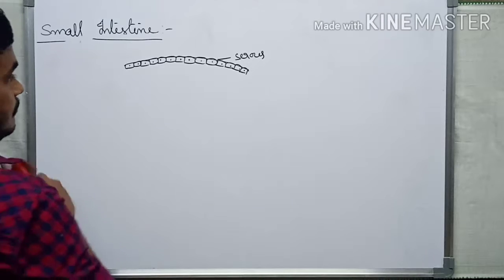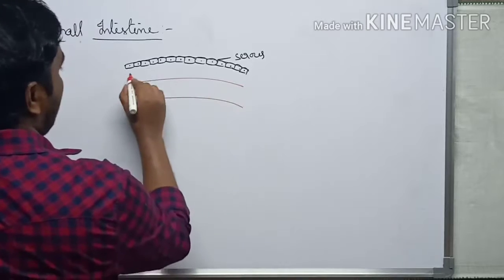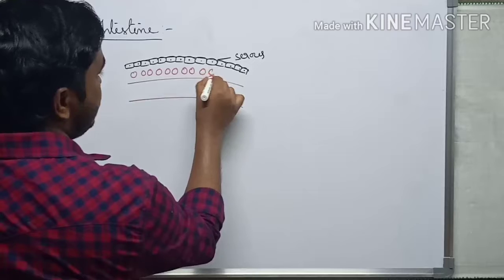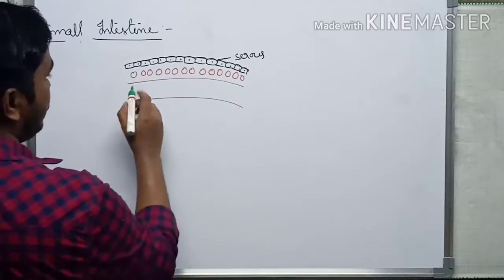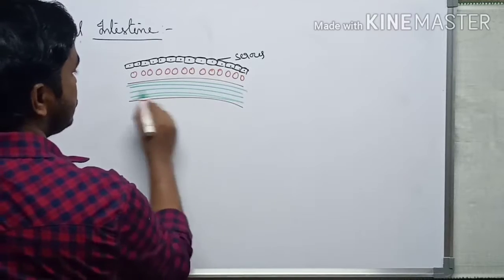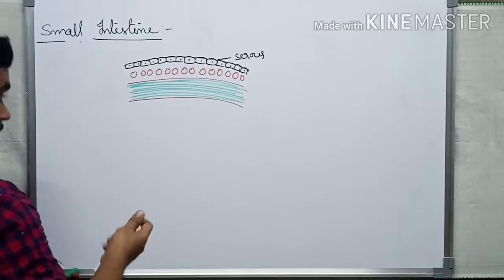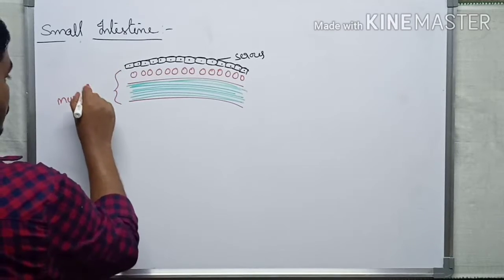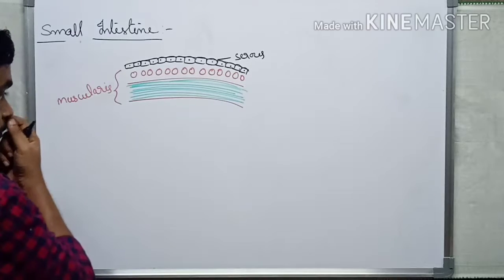In the muscularis, the outermost region consists of outer longitudinal muscles and the inner region consists of circular muscles. This part is the muscularis of the intestine, the same as in other regions also.